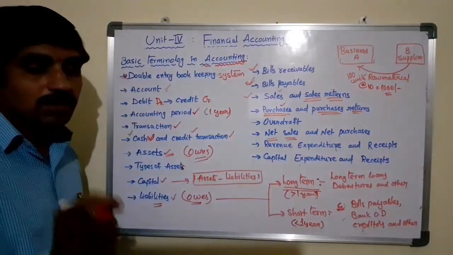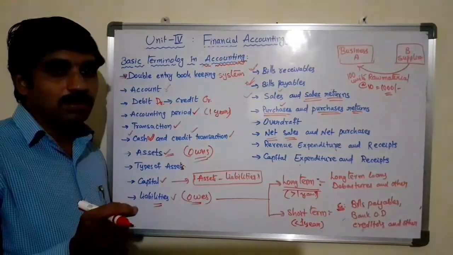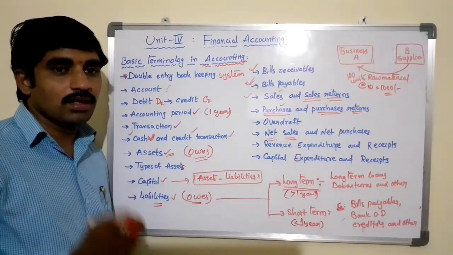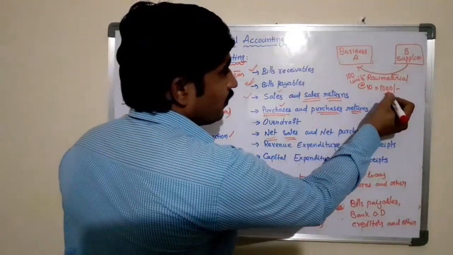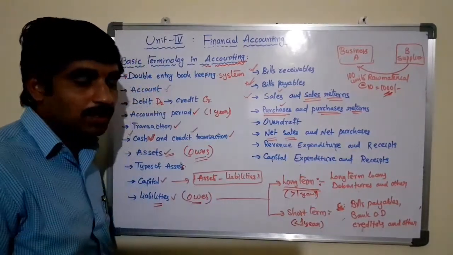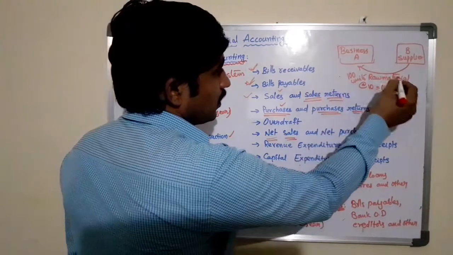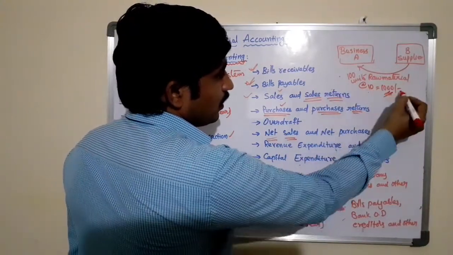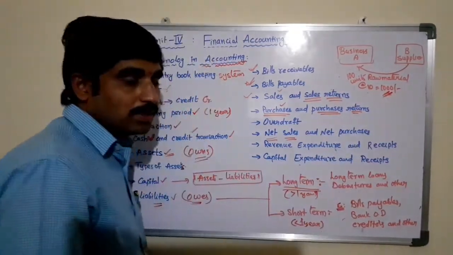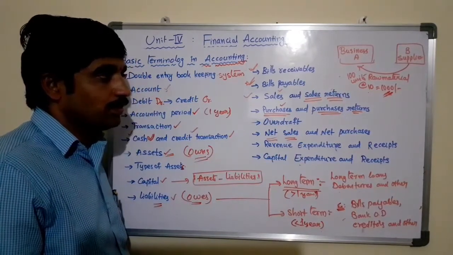So purchases means the total value of the purchases during a particular period. That is, 100 units purchased at 10 rupees per unit, so the total value of the purchase is equal to 1000 rupees.